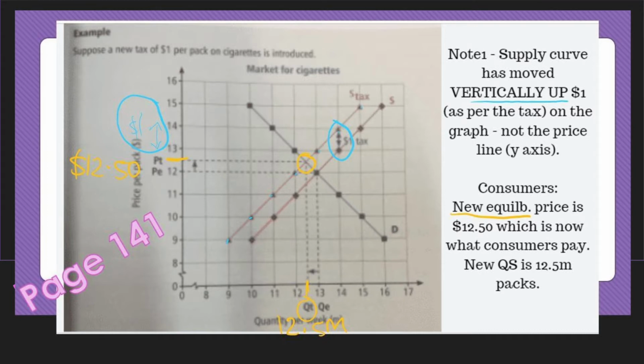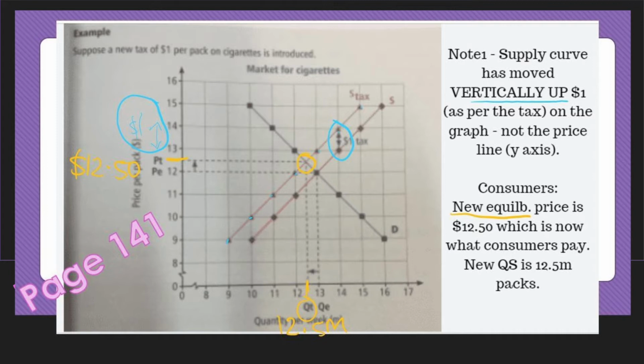So if we start at that middle point, say 12, we're going to go vertically up. From that 12 point, the next point up is 13, so $1. And then if we go up $1 from every single point on that supply curve, that is how we get our new supply curve plus the tax. Where I've circled $1 tax, that gap between those points is the $1 tax.